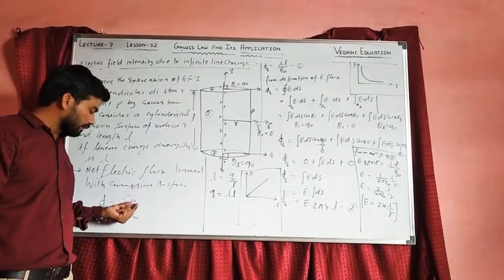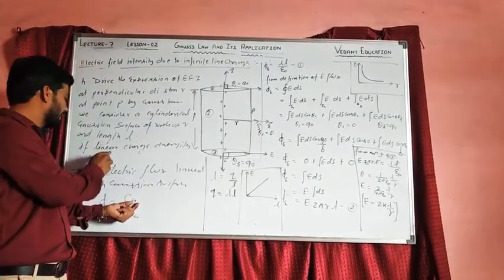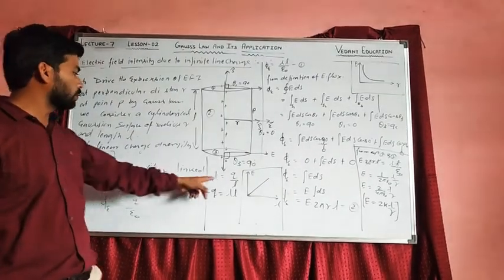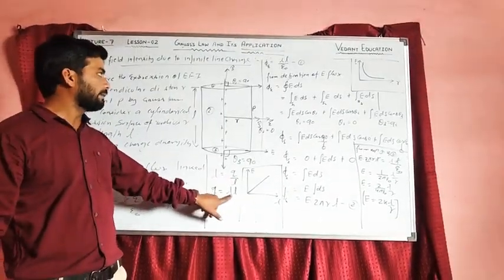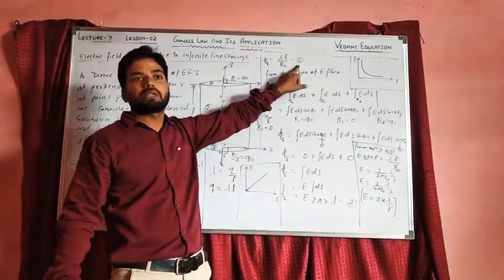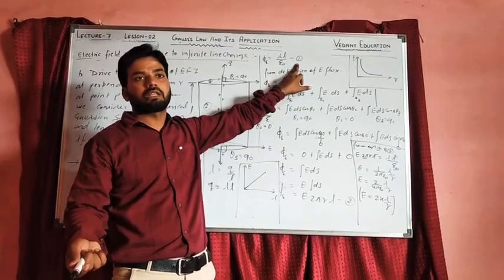How do we determine the value of summation q? With the help of linear charge density lambda. You know lambda equal to q by L, so q equal to lambda L. By placing this value of q, phi E equal to lambda L by epsilon 0. This is the first equation.